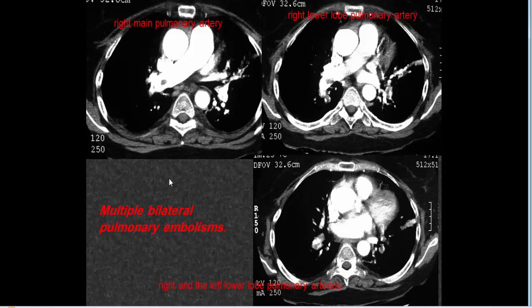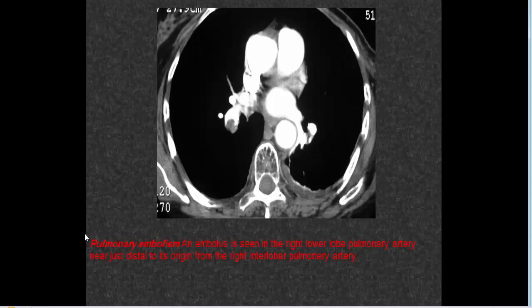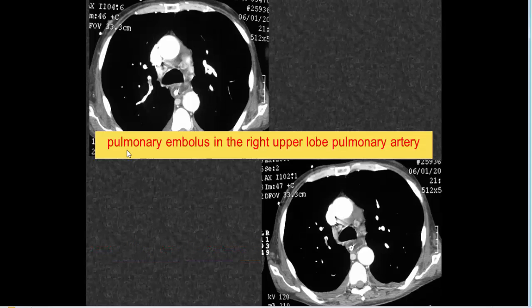Multiple bilateral pulmonary embolisms. An embolus seen in the right lower lobe pulmonary artery, intraluminal filling defect just distal to its origin from the right interlobar pulmonary artery. This is pulmonary embolism. Pulmonary embolus in the right upper lobe pulmonary artery.